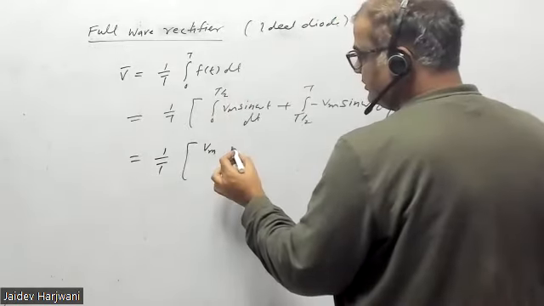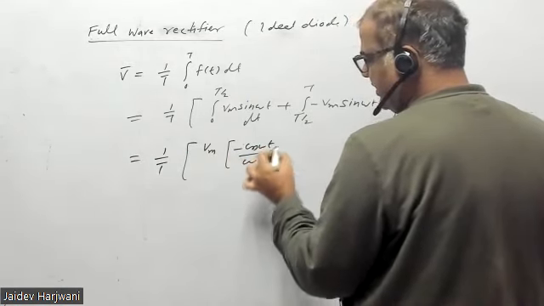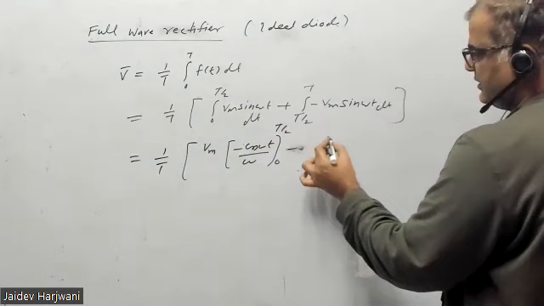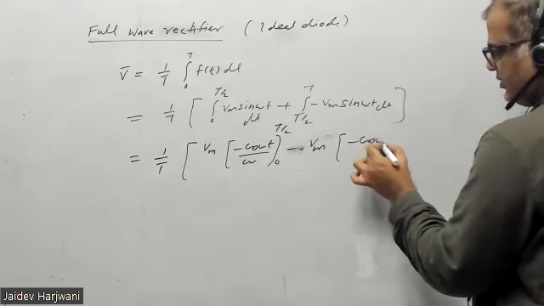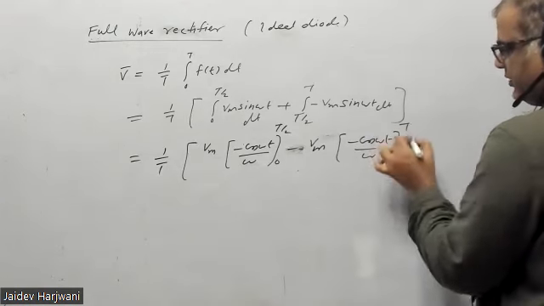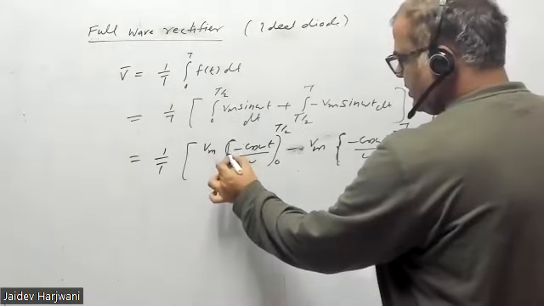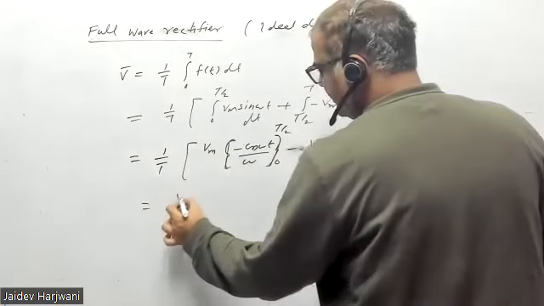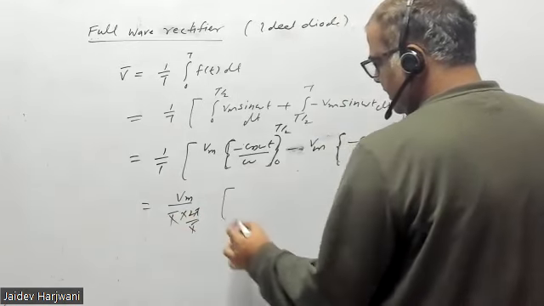So this is your minus cos omega t by omega, 0 to T by 2, plus, and this minus again Vm, minus cos omega t by omega, T by 2 to T. You can take Vm by T common, and omega you can write as pi by T.